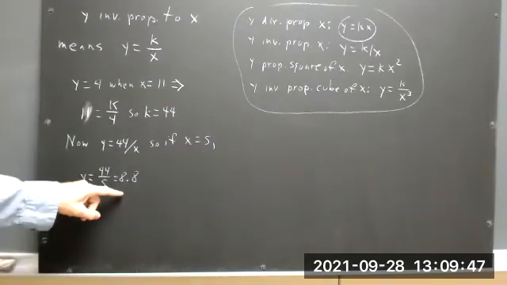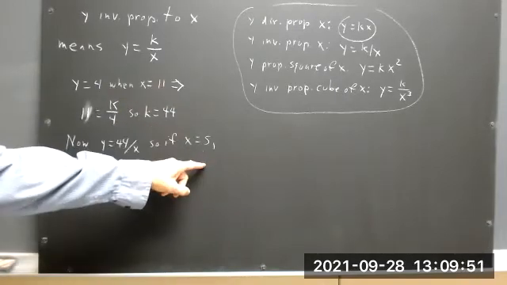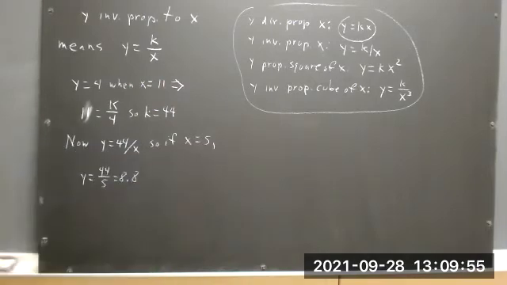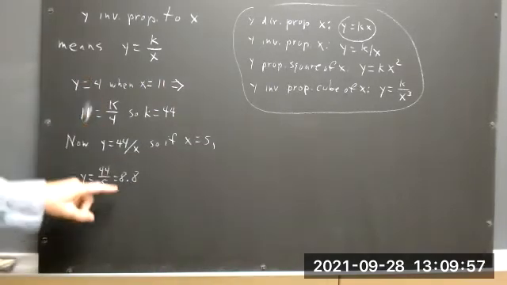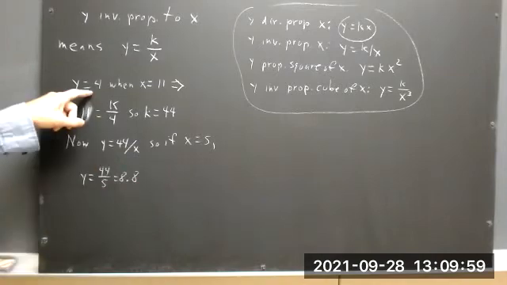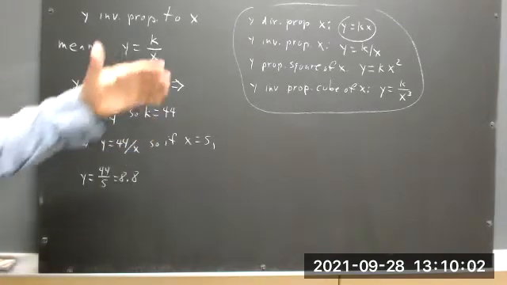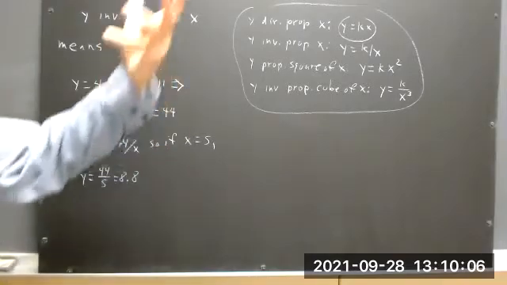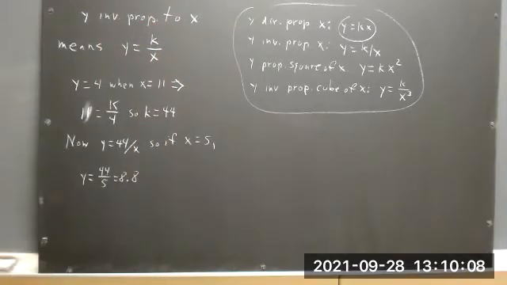It goes from 4 all the way up to 8.8. Notice that x is about half as big, a little less than half, because 5 is a little less than half of 11. And y is a little more than twice as big as it was. So if x went down to half, y would double. If x went down to a third, y would triple. It's important to understand that intuitively.